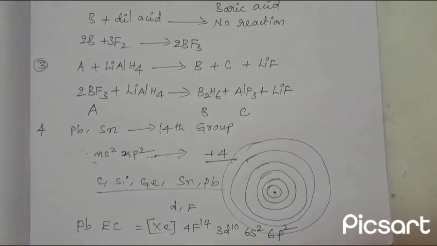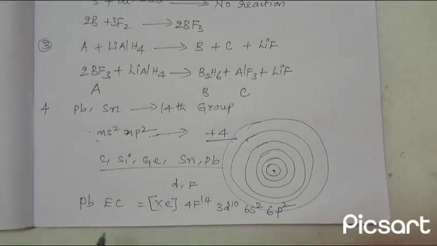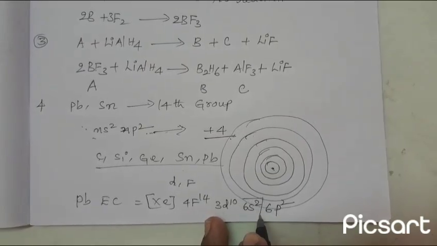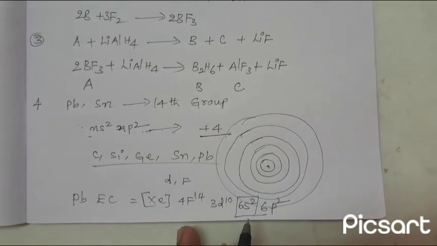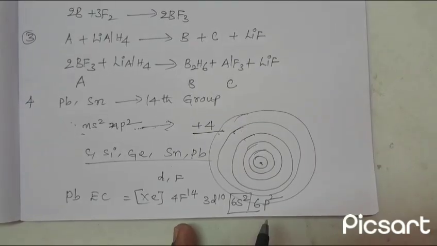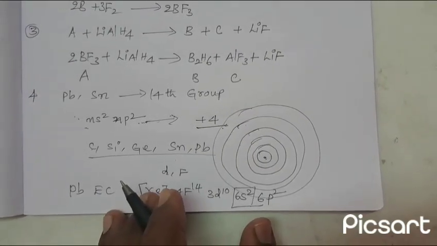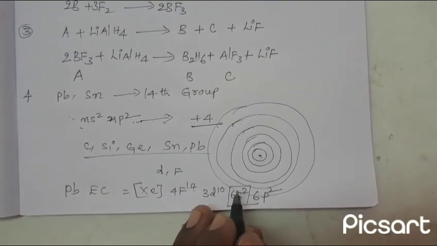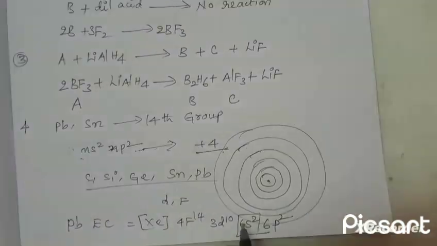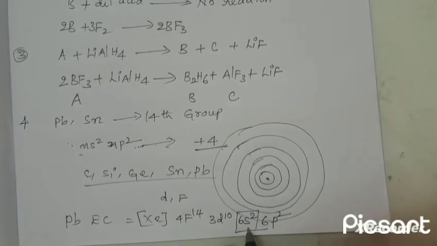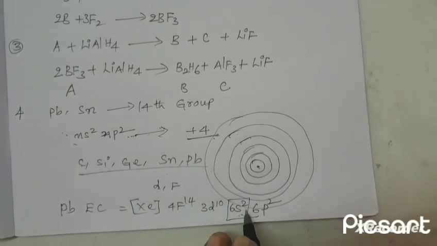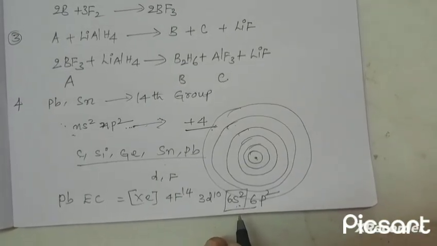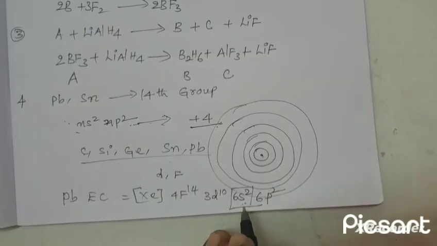So here in lead, the 6s orbital 2 electrons are not ready to share to form the chemical bond. They are not ready to be involved in the formation of the chemical bond, so they are inert.